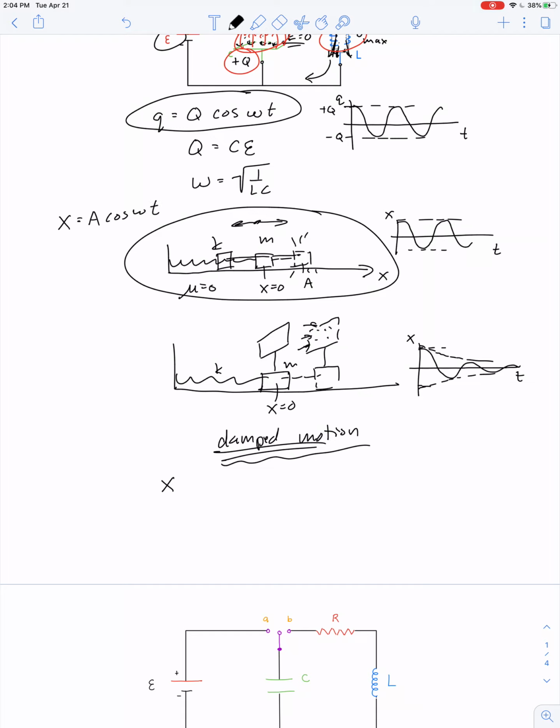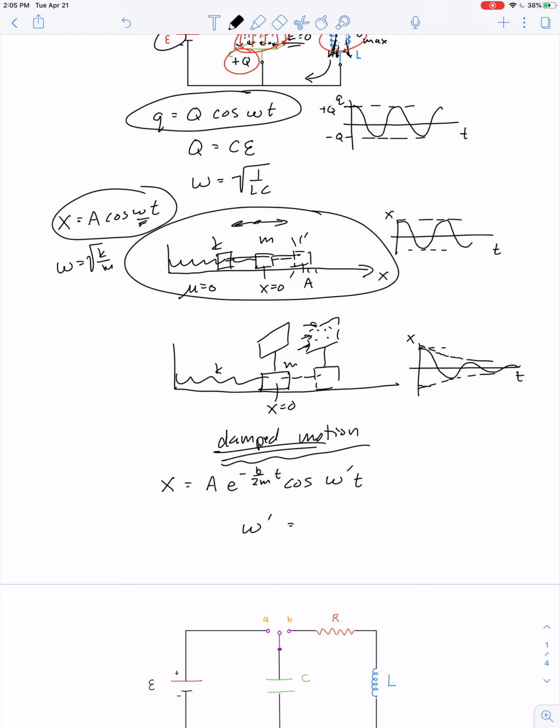But as soon as you have damping, then the equation says position is equal to A times e to the negative b over 2m t times cosine of omega prime t, instead of omega, where omega prime is not the square root of k over m as it is for the case without damping.